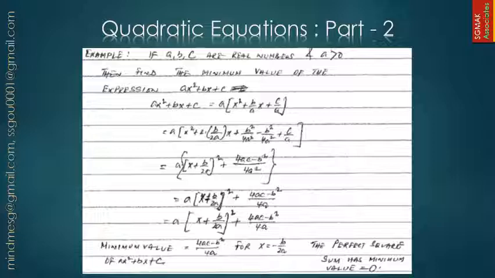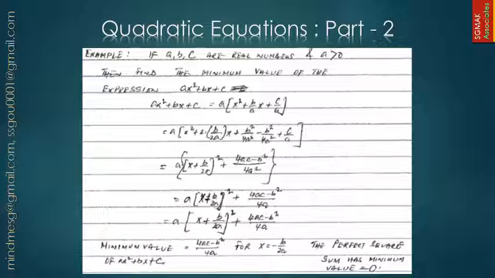If a, b, c are real numbers and a is greater than 0, find the minimum value of the expression ax squared plus bx plus c. What you can do here is take a outside the expression and convert what remains into a perfect square plus something. So we get a times (x plus b over 2a) squared plus (4ac minus b squared) over 4a.